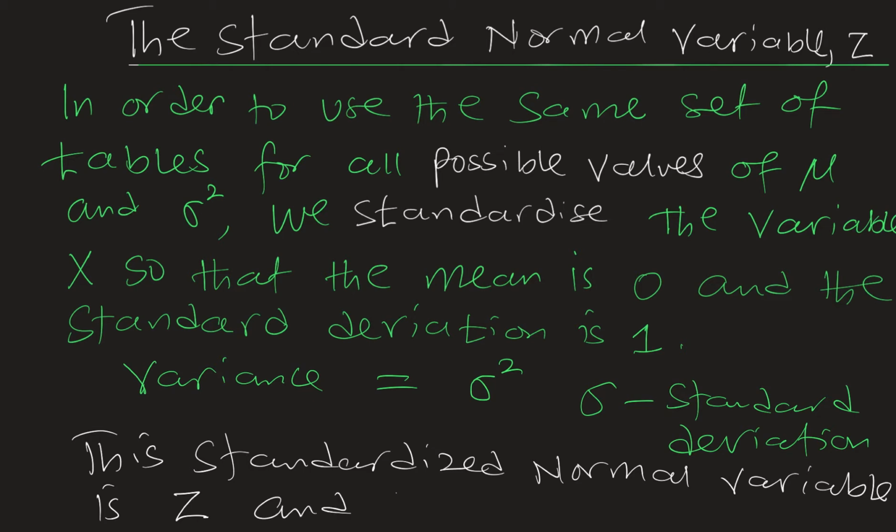This new normal variable, which is the standard, follows a normal with mean 0 and variance 1. So we're going to discuss the standard normal variable Z and how to find the probabilities given Z values.